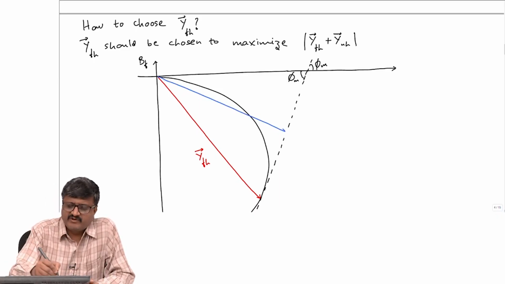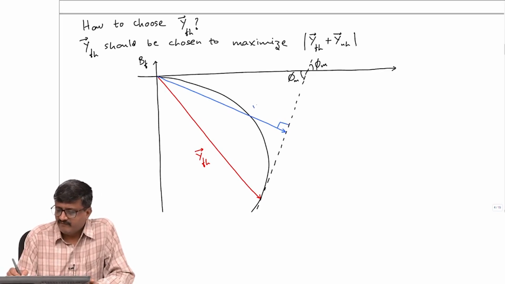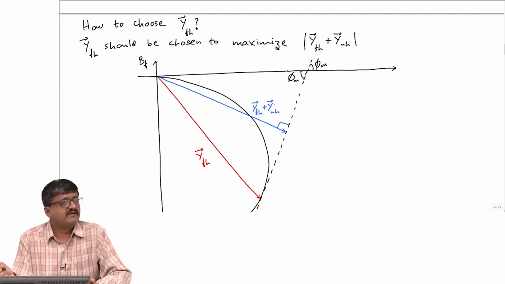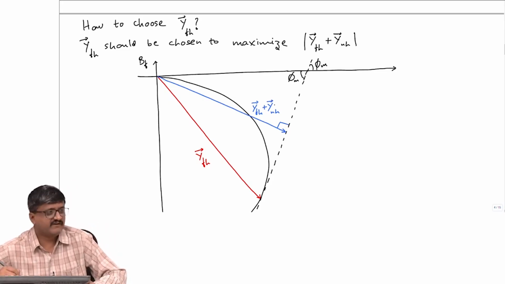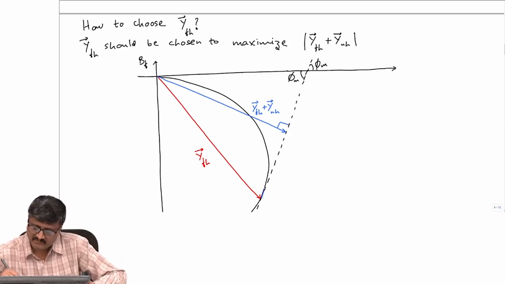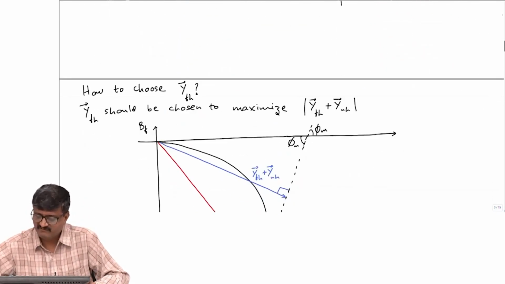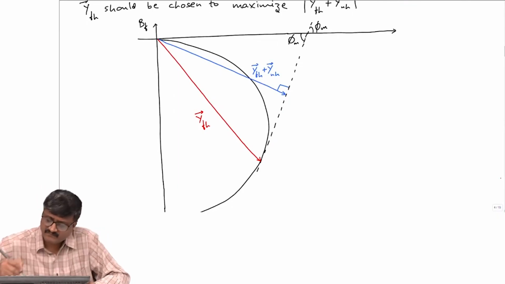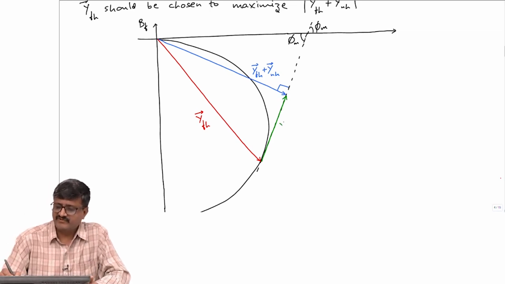So just drop a perpendicular. This will give y of h plus y n h. So once I know y of h plus y n h and also y of h, I can find easily what is y n h. So this is the worst case value of y n h that I am taking, in green. So this is y n h.